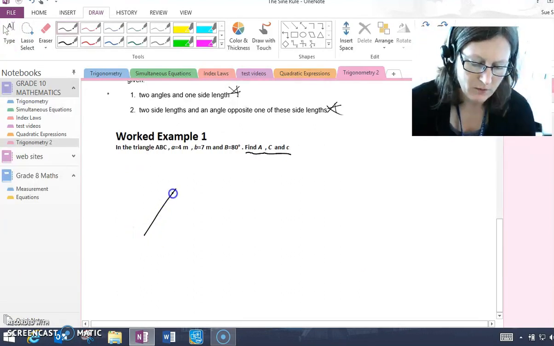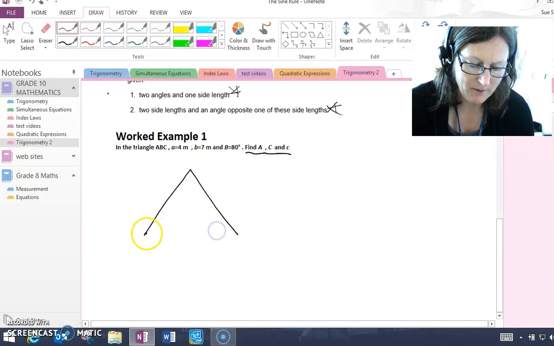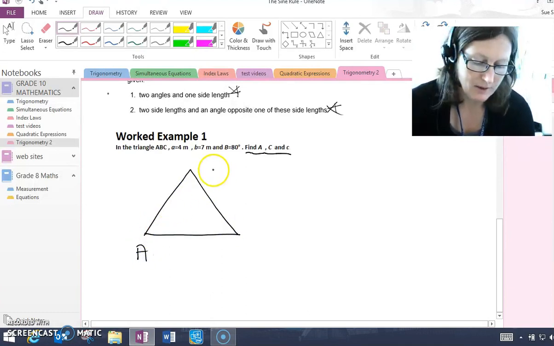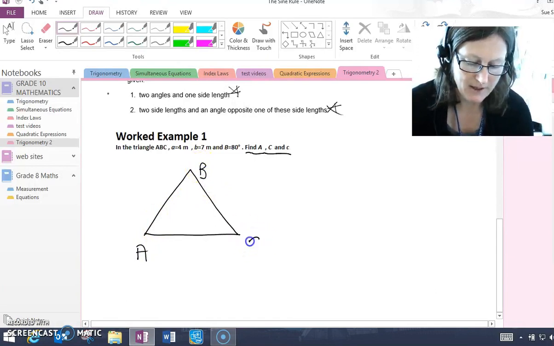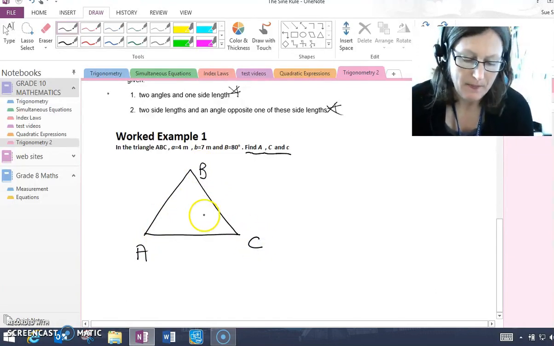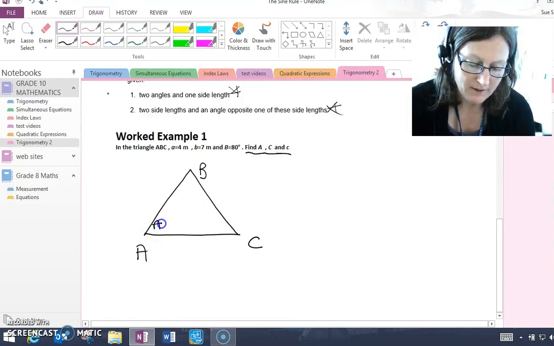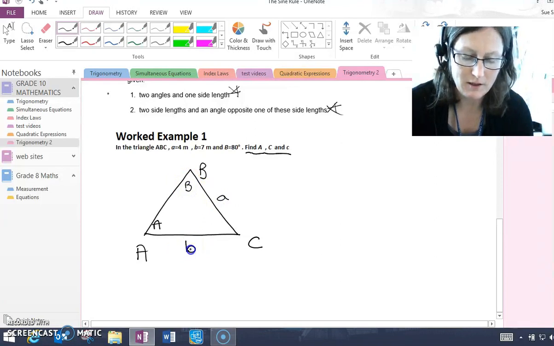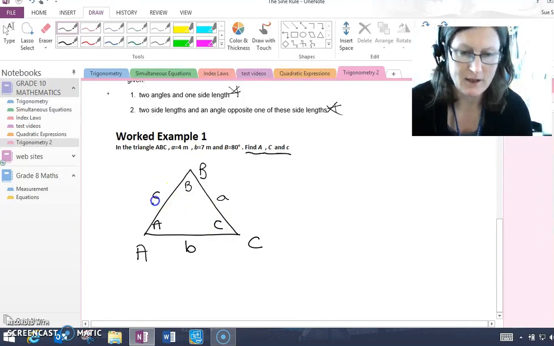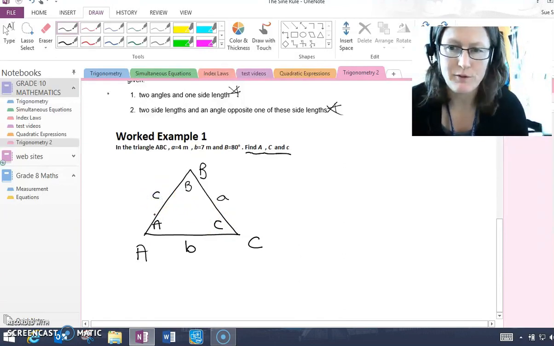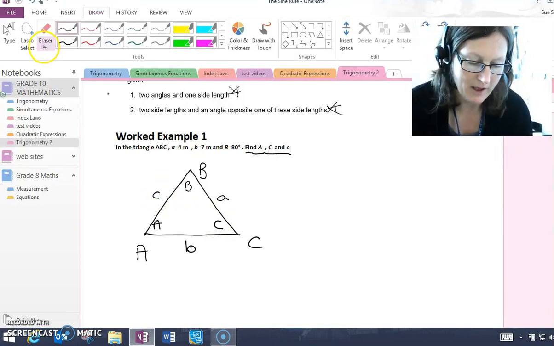We draw a triangle ABC, non-right-angled. This is angle A, opposite angle A is side A. This is angle B, opposite angle B is side B. This is angle C, opposite angle C is side C. And we now fill in the information that we have.